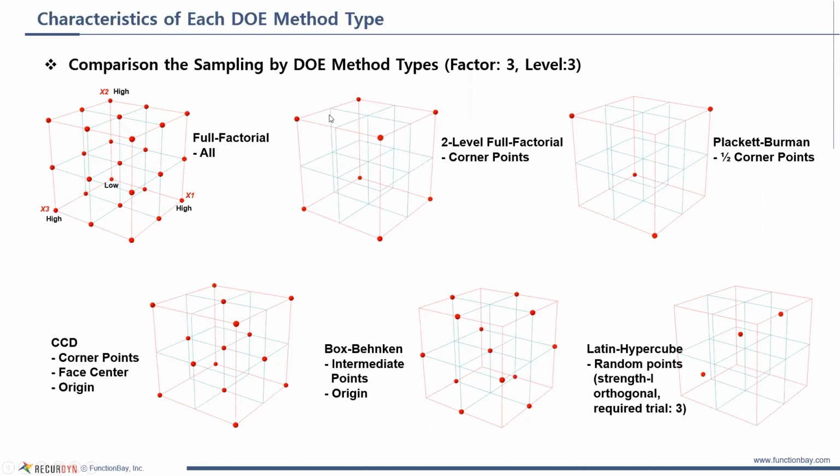So you reduce your sample size by a fair amount. And then there's the Plackett-Burman, where you're choosing half of the corner points. The other methods each have their own way of selecting the sample size.